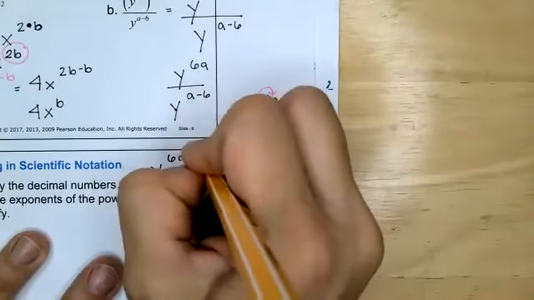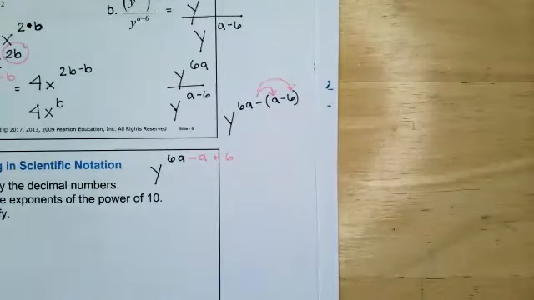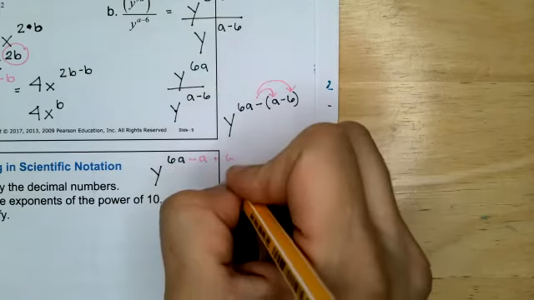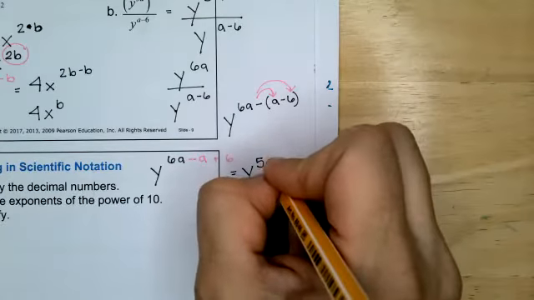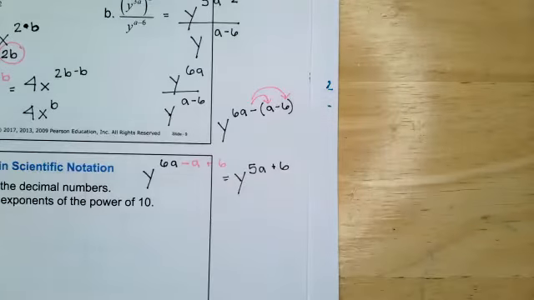Becomes a negative a plus 6. Is that okay? All right. So 6a minus a is just 5a plus 6.